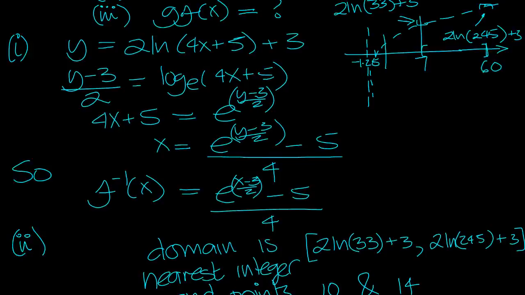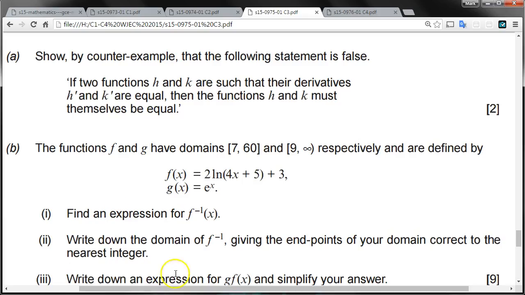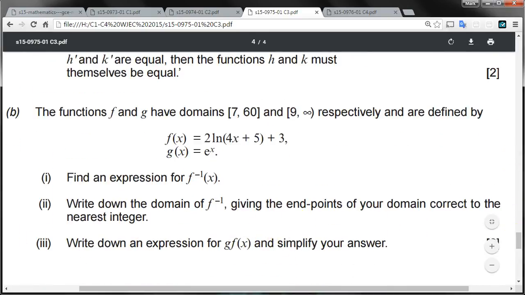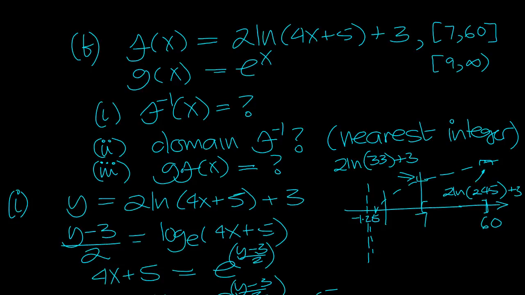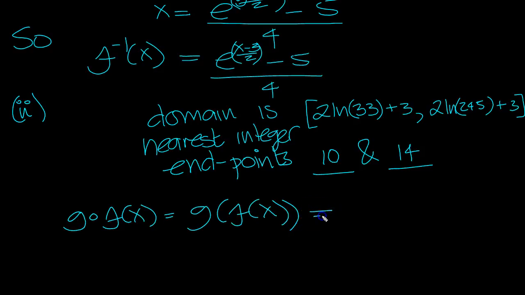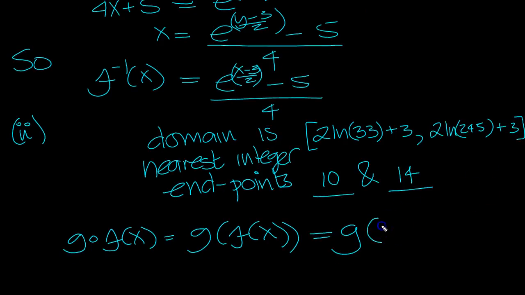Now what's g of f of x? Part 3, let's go back to the paper and simplify your answers. So just g of f of x then. g of f of x is equal to g of 2 log(4x plus 5) plus 3.